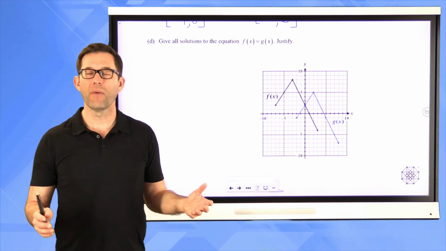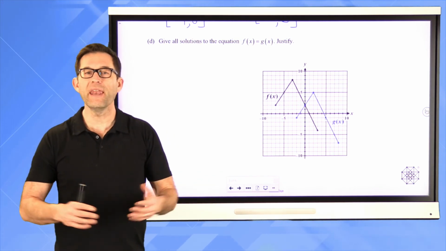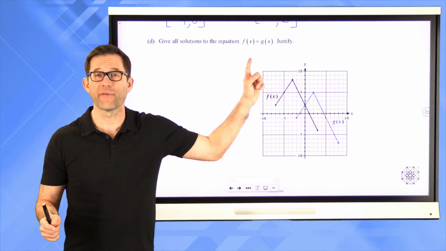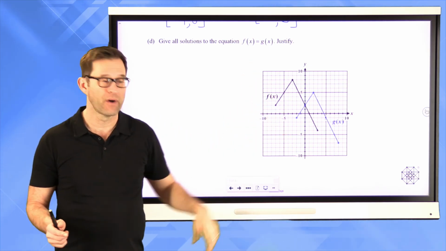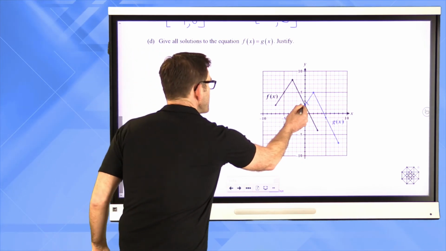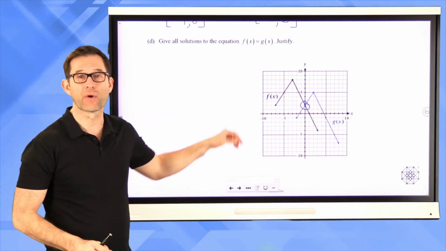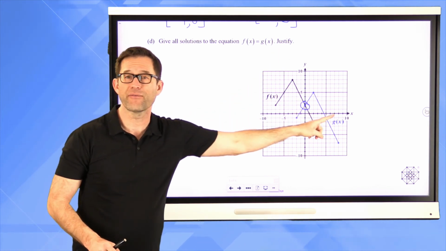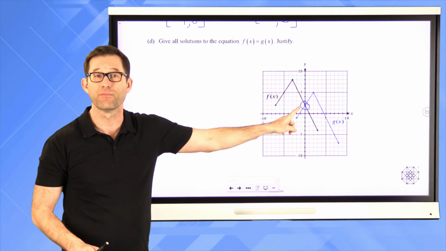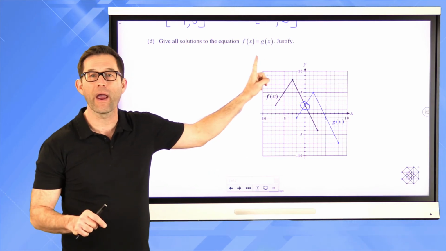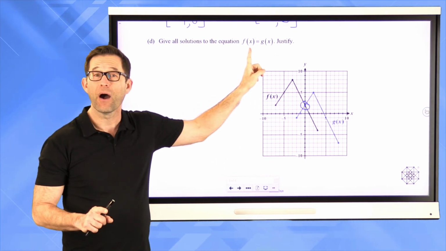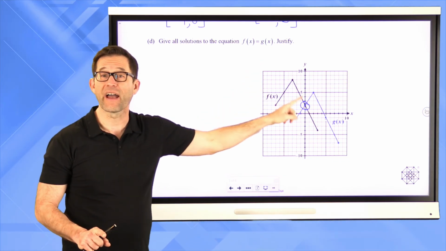All right, well, keep in mind, we can solve any equation graphically by looking at the graph and finding any intersection of the two things. I've got f of x graphed here, I've got g of x graphed here, so I want to find their intersection points, because that is literally where these two things are equal. Now, all I want, though, is the x coordinate.